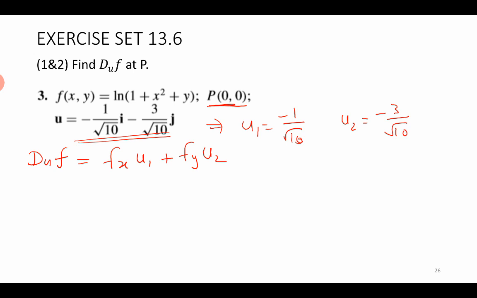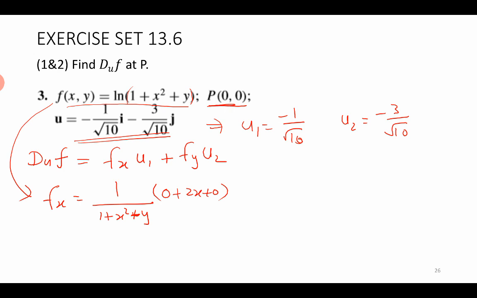Fine. Now from the function f, find fx. Differentiate the given function partially with respect to x, keeping y as a constant. When you differentiate ln, it is 1 over (1 plus x squared plus y), and then differentiating the function inside the ln with respect to x, you get 0 plus 2x plus 0.